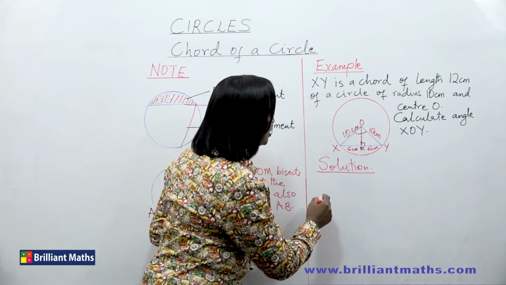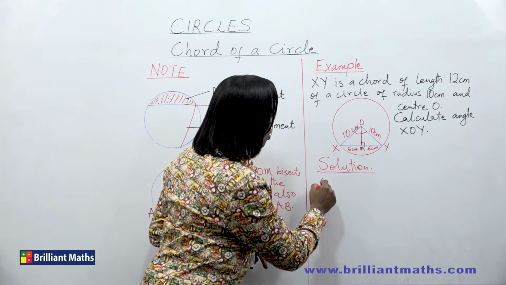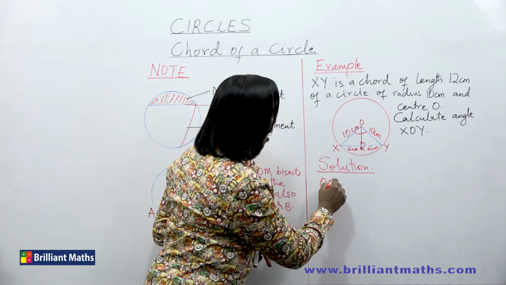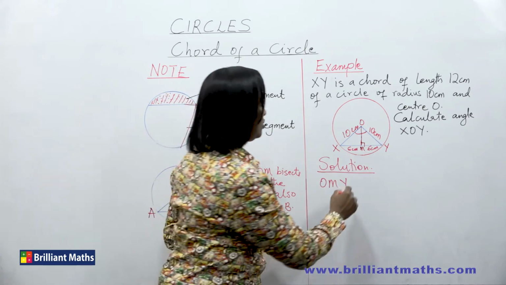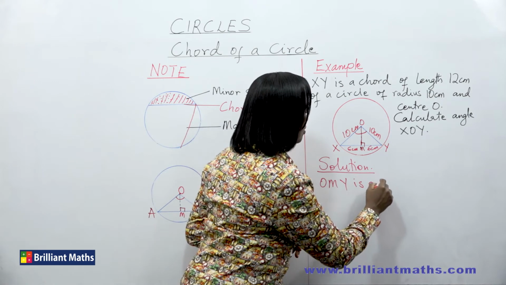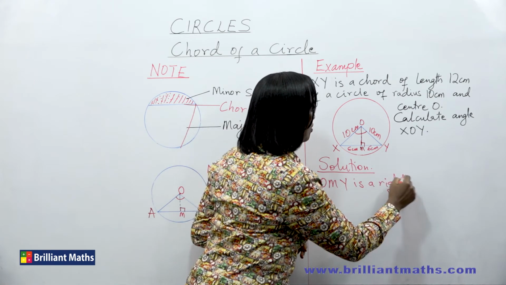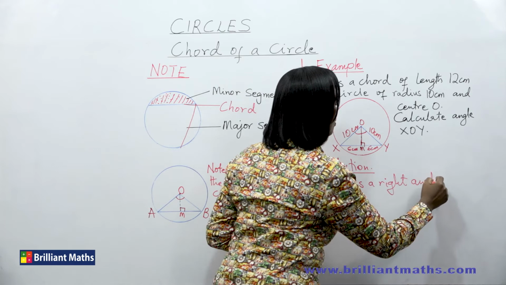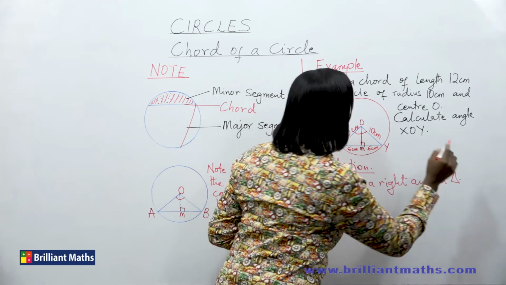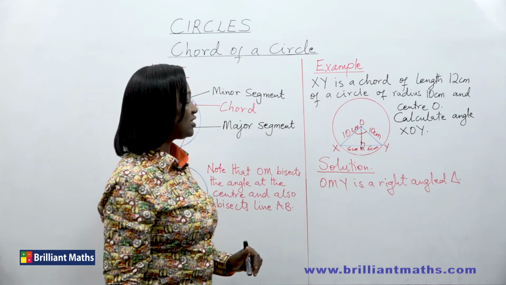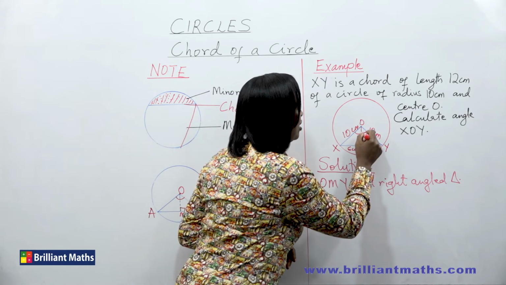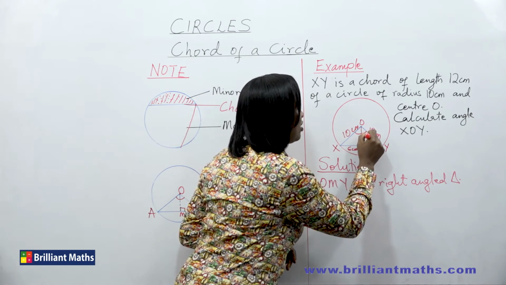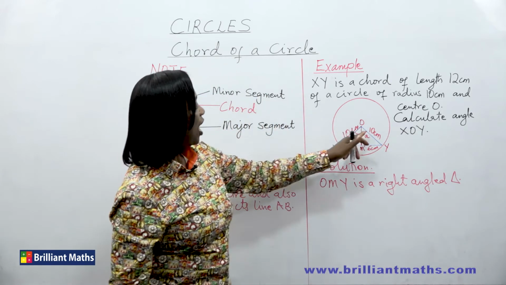So that means that triangle OMY is a right angle triangle. If we agree on that, then the angle here, let's call it theta, or A. I'd rather call it A.